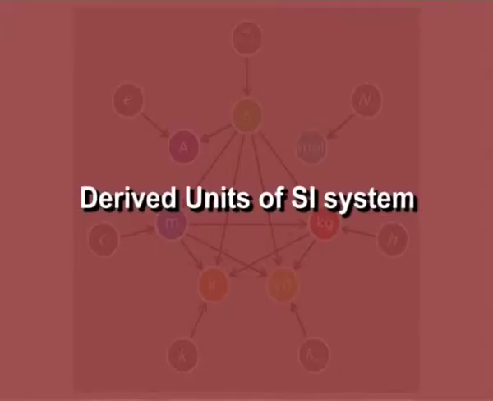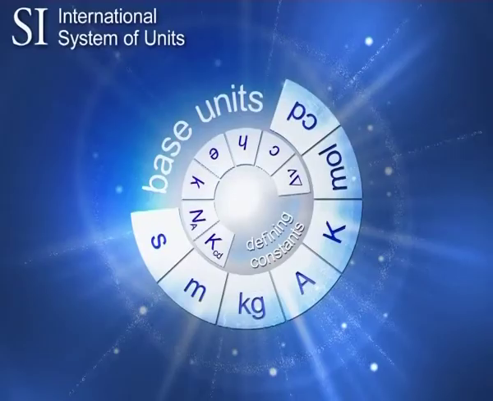Derived units of SI system. These units have special names which are usually algebraic combinations of base units expressed by means of multiplication and division. For simplicity, derived units often carry special names and symbols that may be used to obtain other derived units.